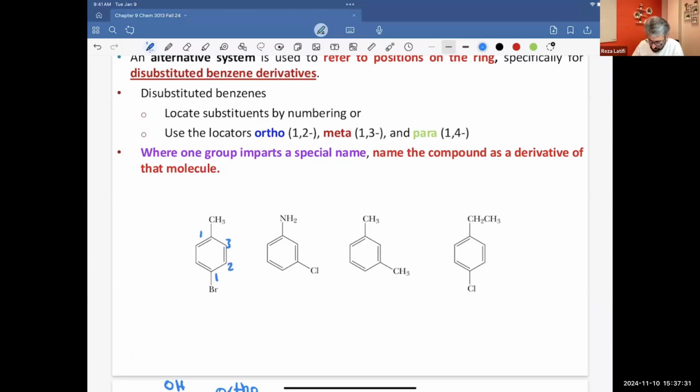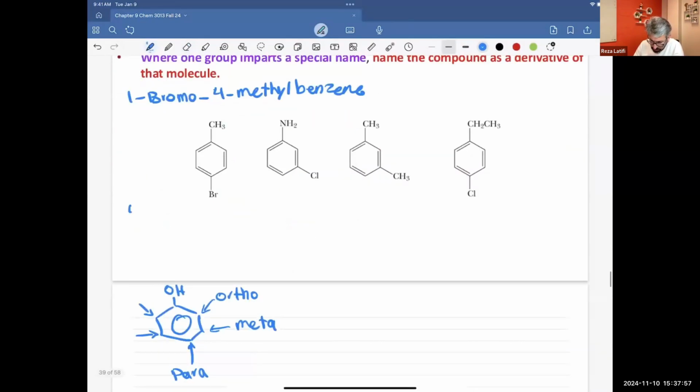Okay. This one I can call 1, 2, 3, 4. And say for example 1 bromo for methyl benzene. So I can say 1 bromo. Next I go 4 methyl benzene. Okay. Or we can say this is going to be the base, the parent.